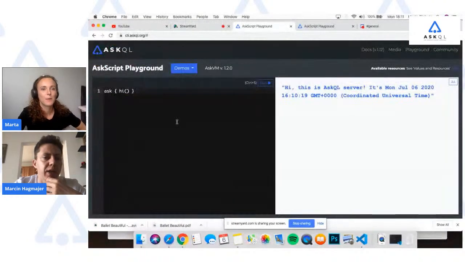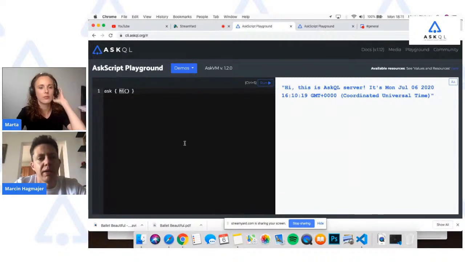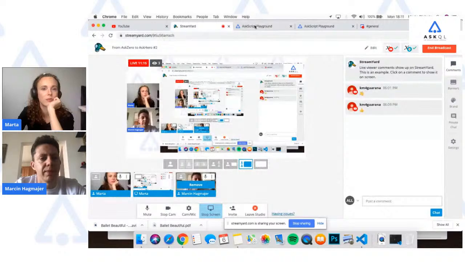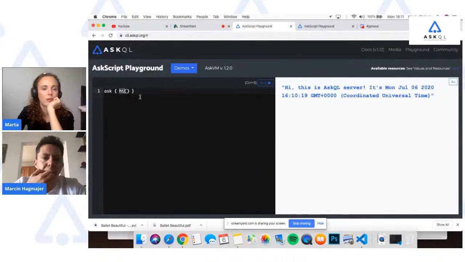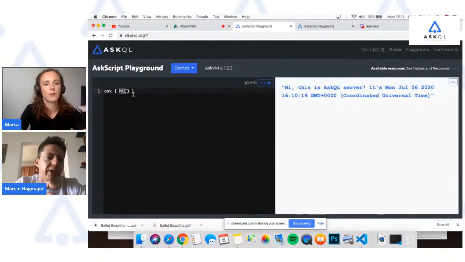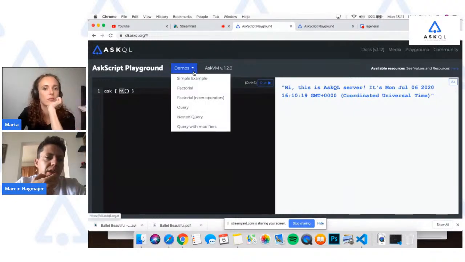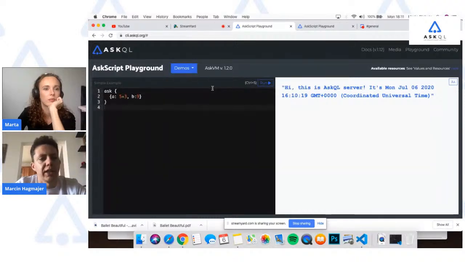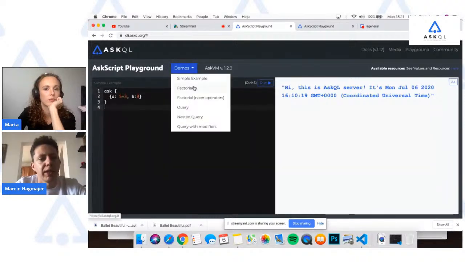Basically, GitHub or AskQL.org is our main landing page, so we can start looking there for answers. And right here on the playground, you have these demos that you can look through. But it's not going to list the entire environment. It's just going to give you some ideas about what is there.